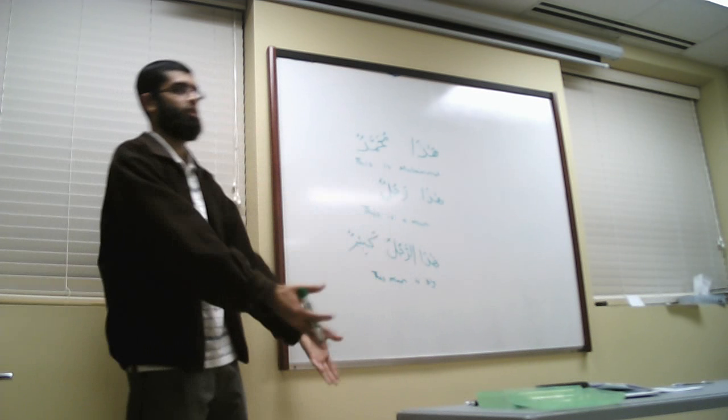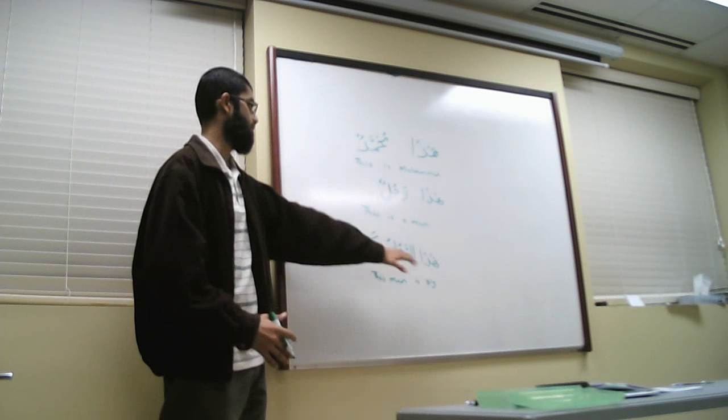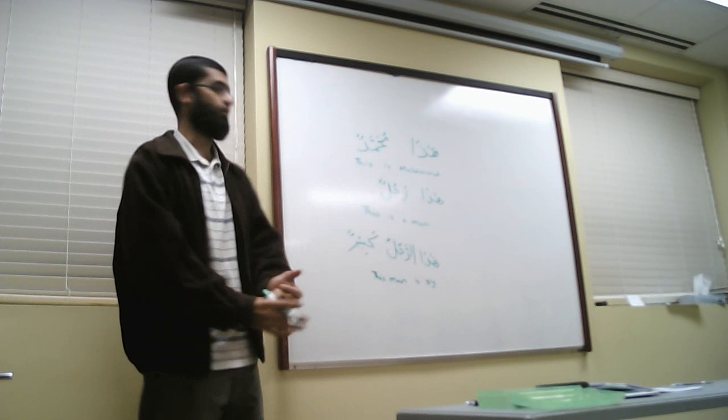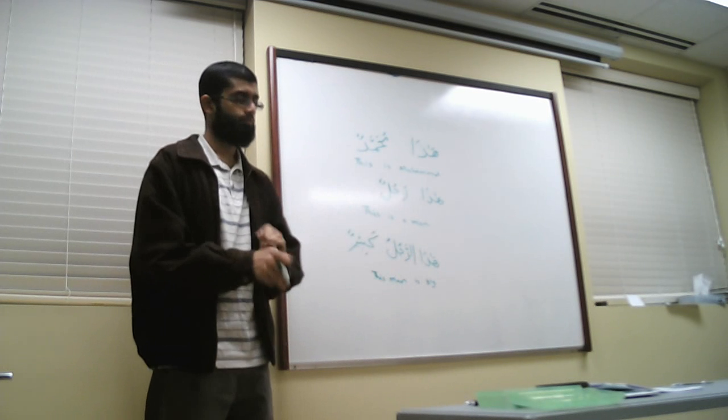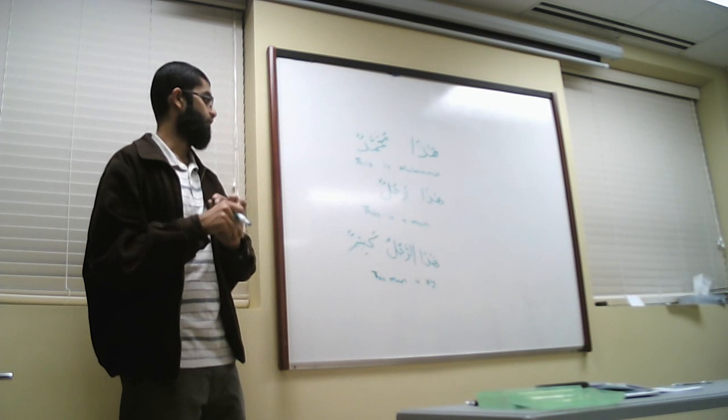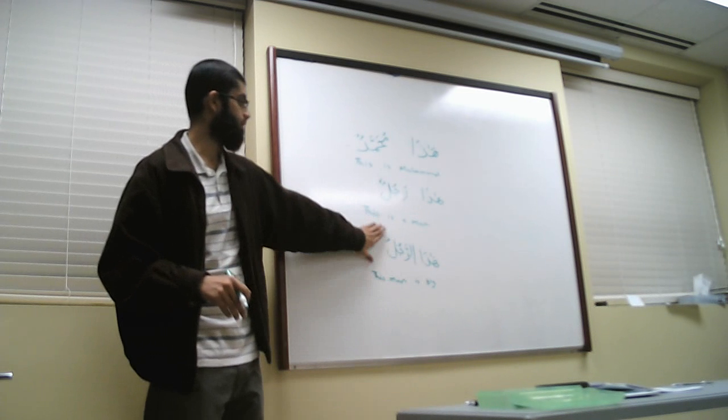If I took out hada, if I erased it and said ar-rajulu kabirun, would that be a sentence? Yes, right? I'm saying the man is big. So I can use ar-rajul or I can use hada. Because I have both, I have to say one is the subject.